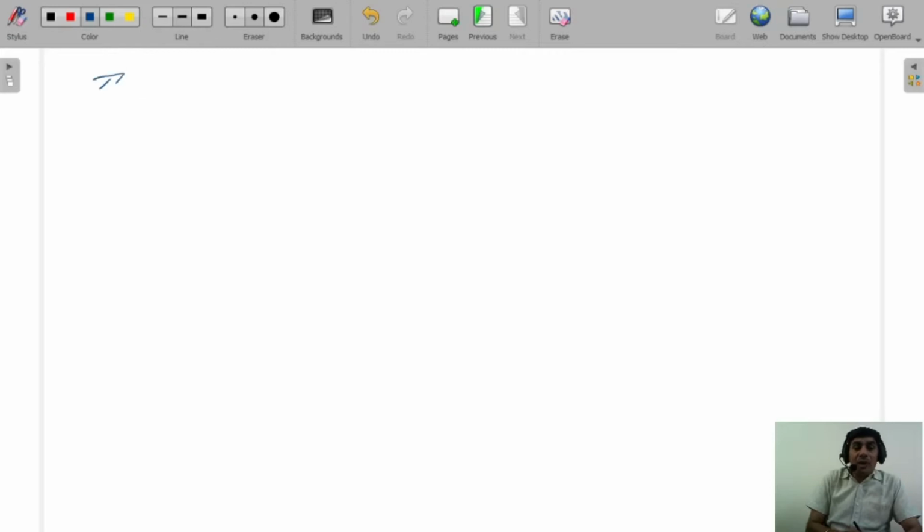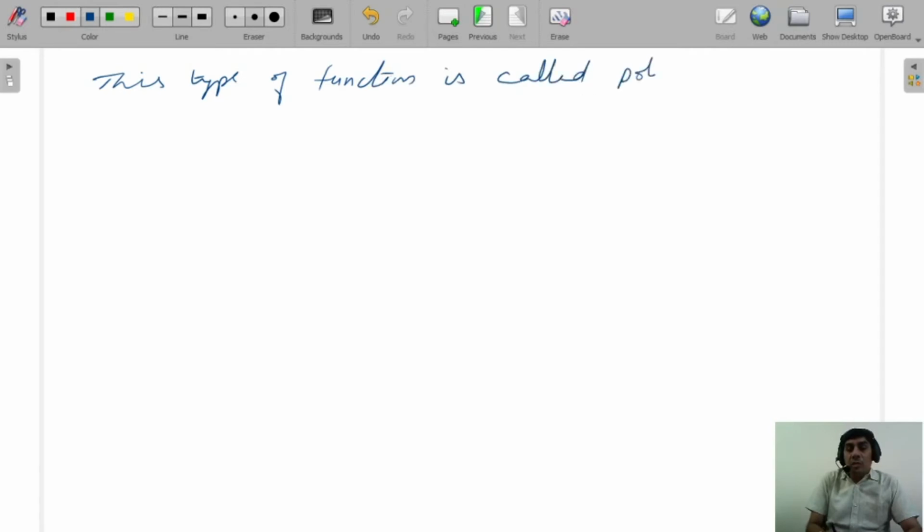This type of function is called polynomial functions.